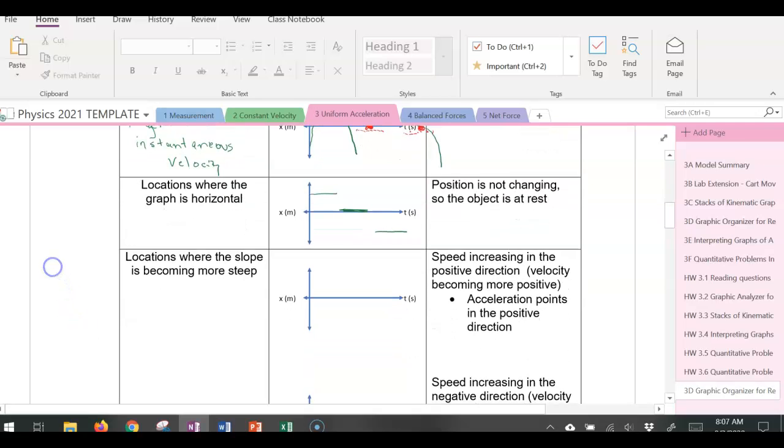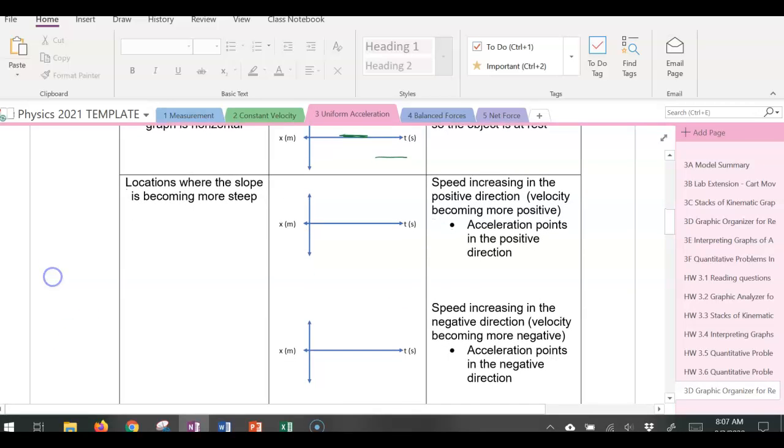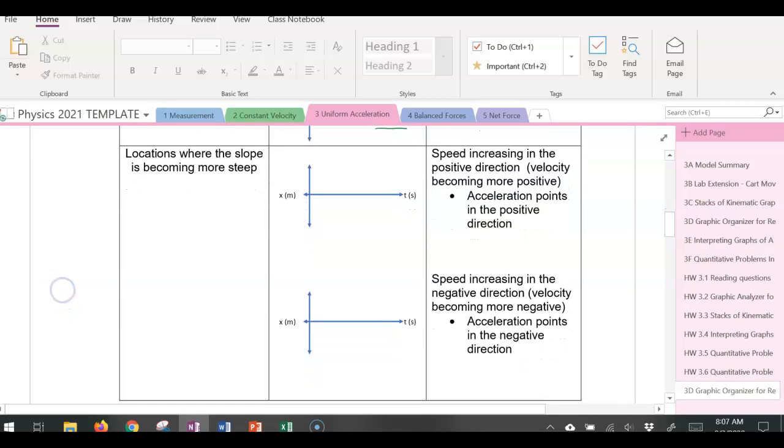Okay? Then, for position versus time graphs, we could look for locations where the slope is becoming more steep. There are a couple of ways that this could happen. One would be it's moving in the positive direction and getting faster.